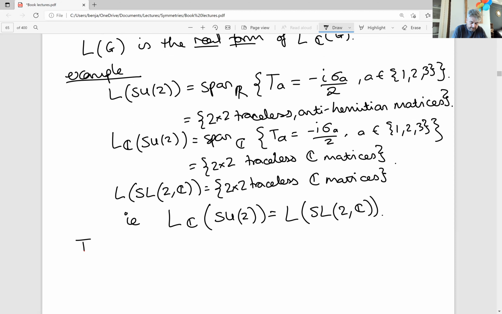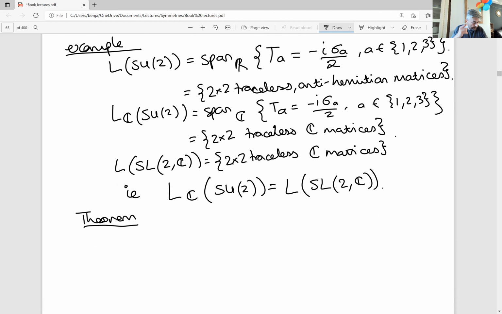So there's a theorem which we won't prove, but it's really about the existence of these adapted bases.